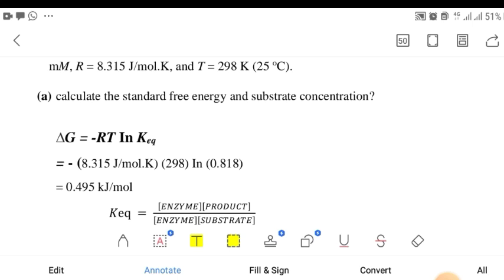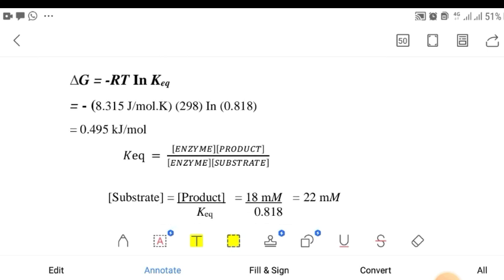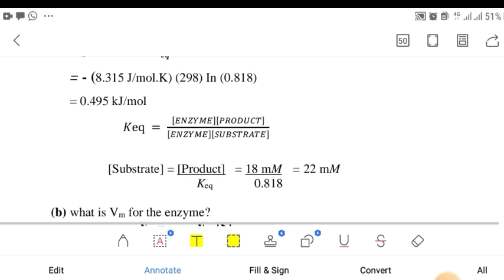Mathematically, you delete the enzyme on top and the enzyme below, because they are of the same concentration and cancel each other out, obeying the rules of mathematics. Then you fix the concentration of the product over the unknown, which is the substrate concentration we are looking for. You make the substrate concentration the subject of the formula and put your Keq beneath the product, and that's how you get 22 millimolar.